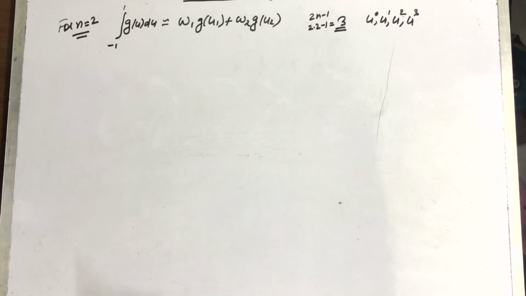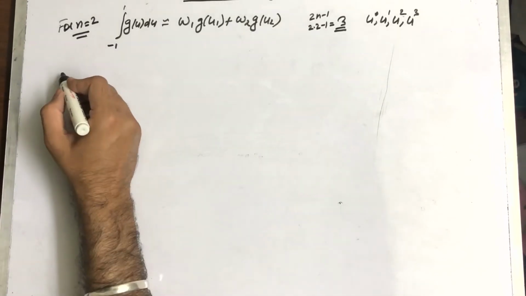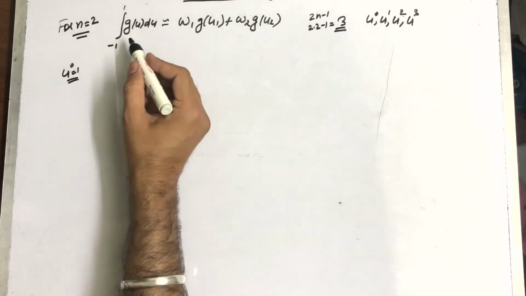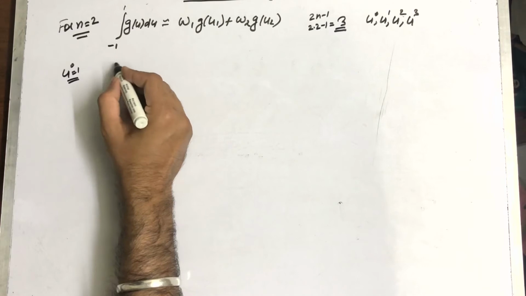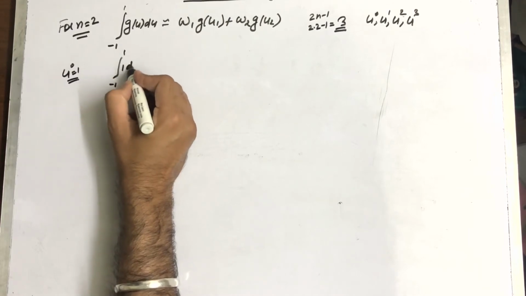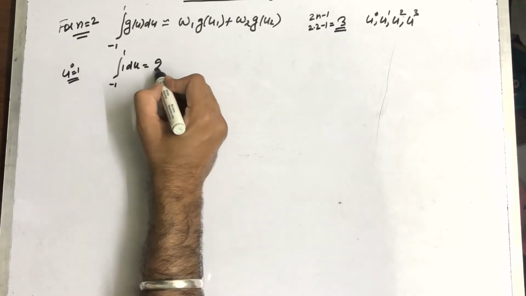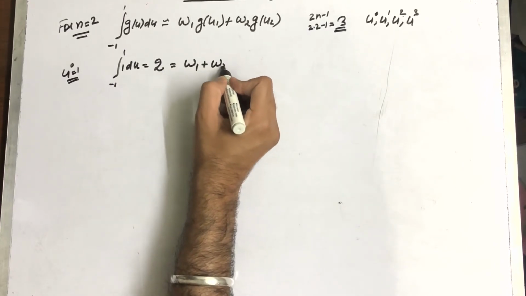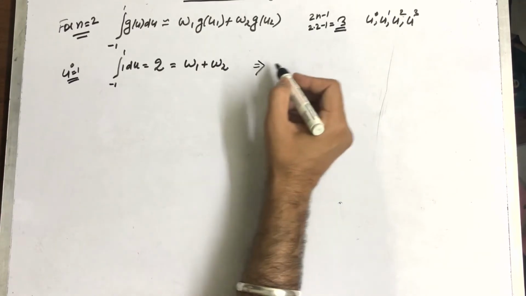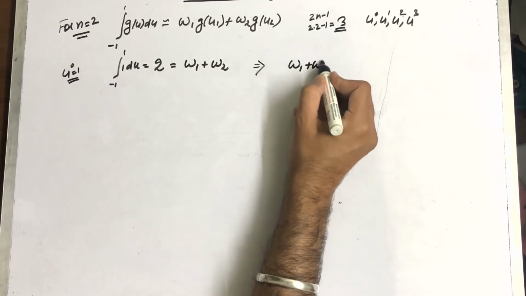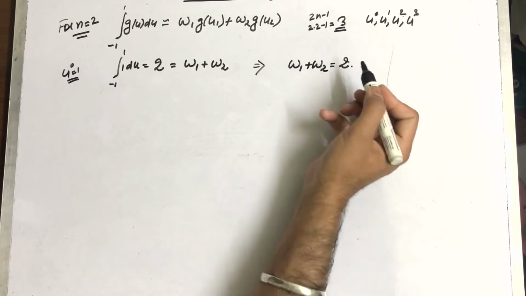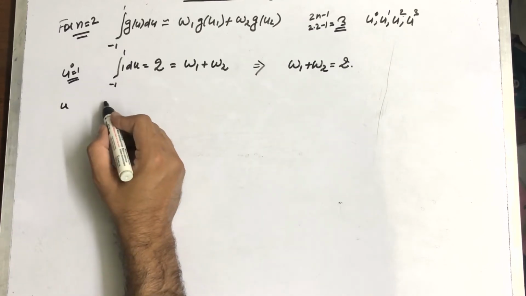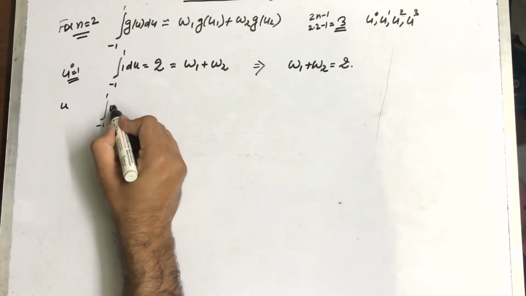So again, we have 4 equations using these. What are those? For the first, u power 0, that is 1 here. So we already know that when we put 1 here, it is the integral from -1 to 1 of 1 du, so it is 2 equals w1 plus w2. Let me write it again: w1 plus w2 is equal to 2. And for g(u) is equal to u, it is the integral from -1 to 1 of u du.